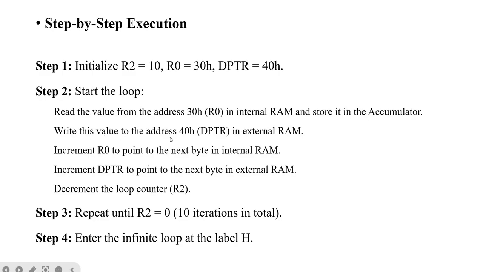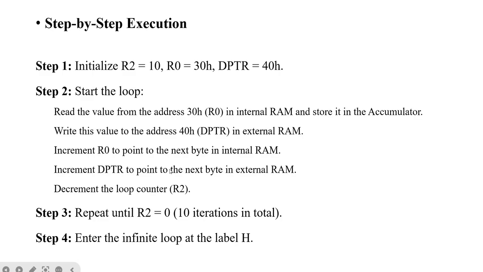Then write this value to the address 40H, that is the address in DPTR, in the external RAM. Then we increment R0 to point to the next byte in the internal RAM, so R0 will become 31H. Then increment DPTR to point to the next byte in the external RAM, so this DPTR value will become 41H. Then decrement the loop counter. The loop counter was 10, now it will become 9.